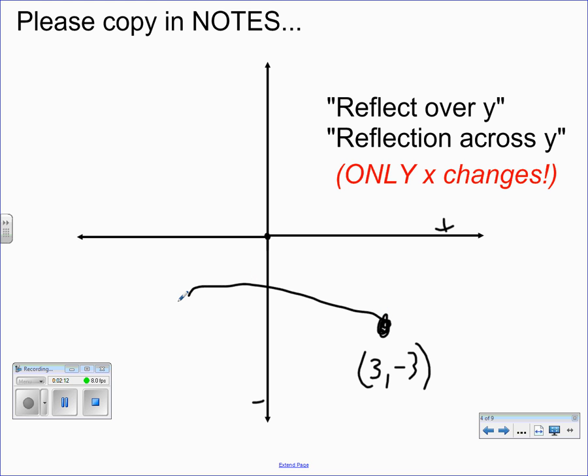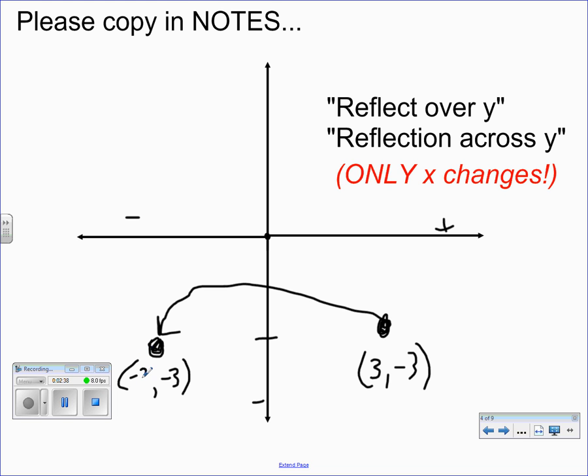Go over y, boom. Now I'm over here. And what changed? Y didn't change. Y is still the same. We didn't move up or down. So y is still -3. The only thing that changed was x. And it went from a +3 on this side to a -3 on this side.